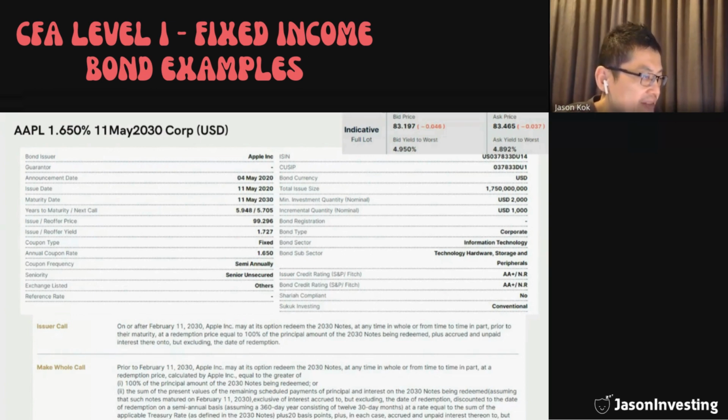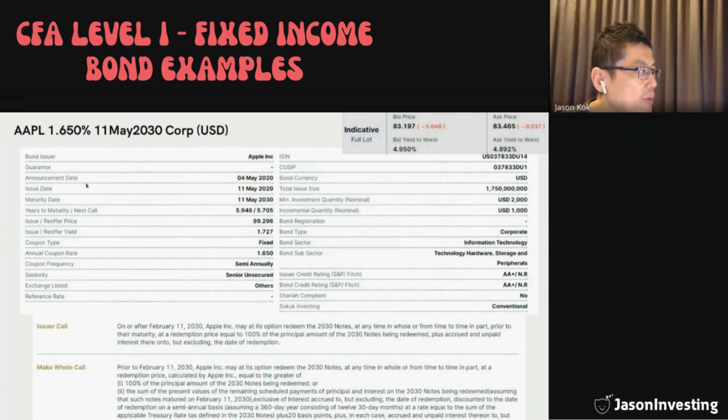In this case, the bond price is slightly lower than 100, which means that when this bond was issued, the market rate is higher than the coupon rate. That means for a similar issuer with all the same terms, you can get a higher coupon rate, as in a higher interest rate in the market.